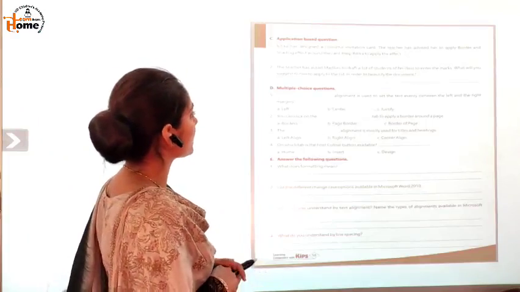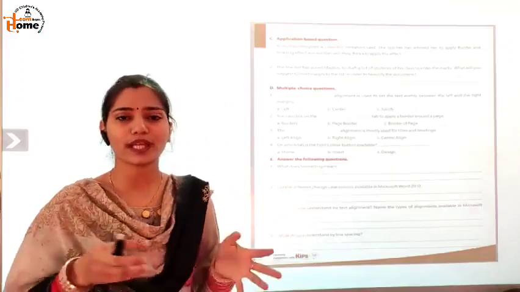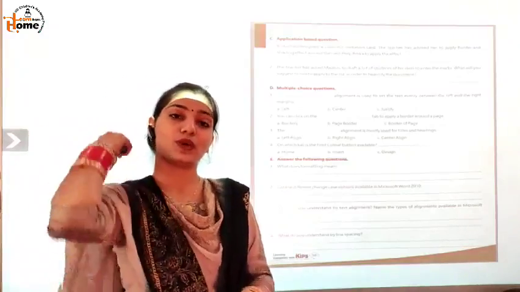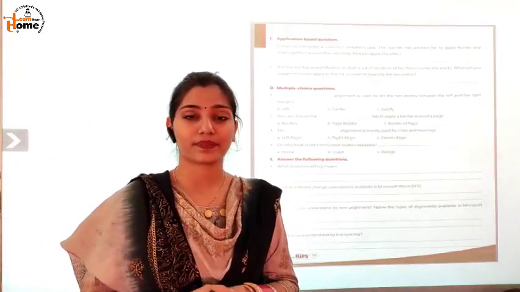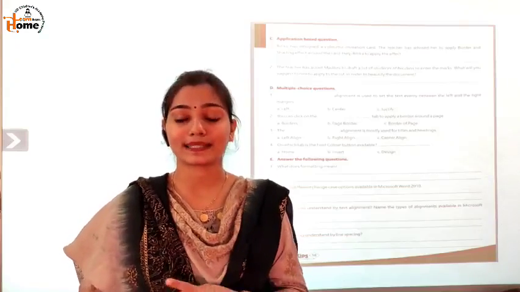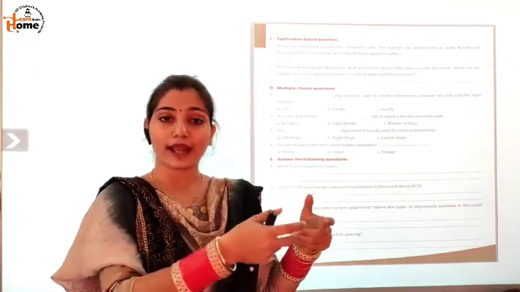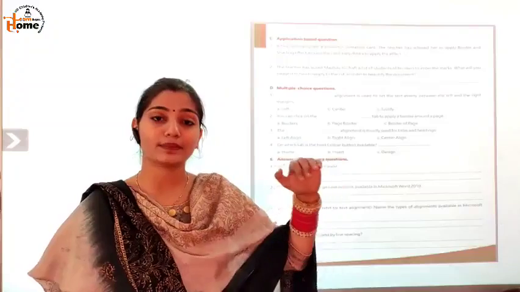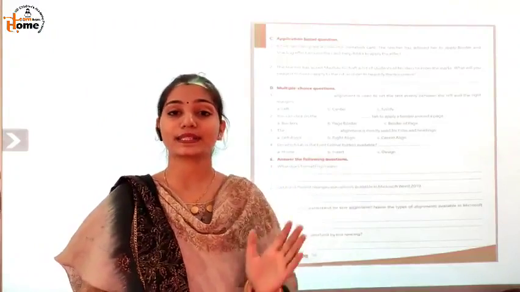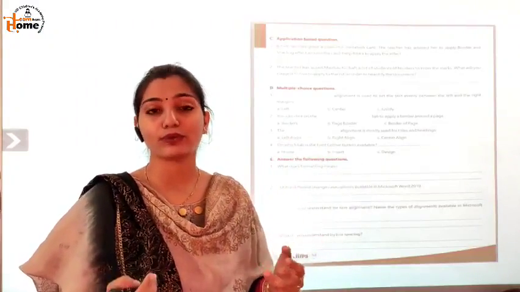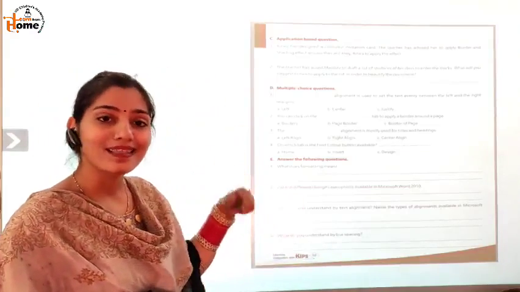What will you suggest him to apply to the list in order to beautify the document? What can you apply to the list? What do you apply to the list to make it attractive and clear to see? What do you apply? You apply bullets. Very good, right? That way your list can be distinguished, one item from the other, that here one item is this, second is this, third is this. So if you put numbers and write the names of all the students, it will look good to see. It will look clear, right? So he can add bullets to his list.